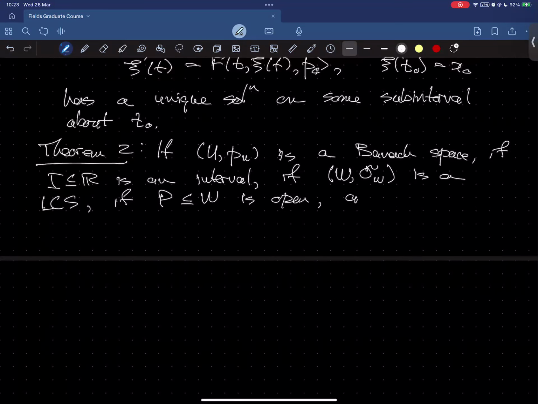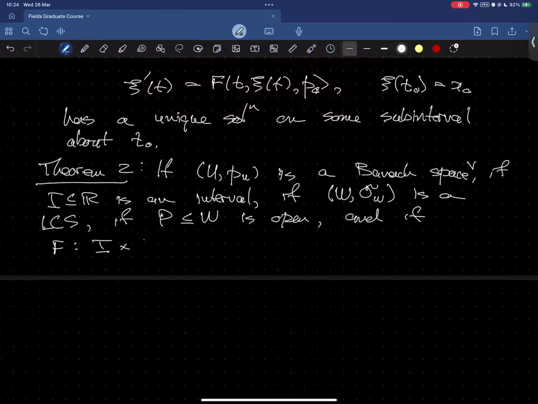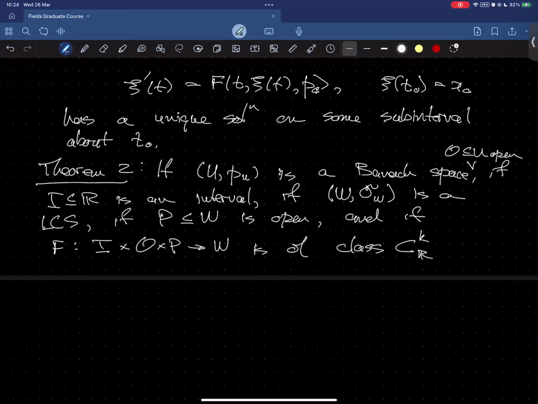Okay. And if F is a mapping from I cross, oh sorry, again, I forgot the O, apologies. So O in U open, O cross P to U is of class C^k, R. So everything has to be R here because we're talking about curves that depend on a real parameter.